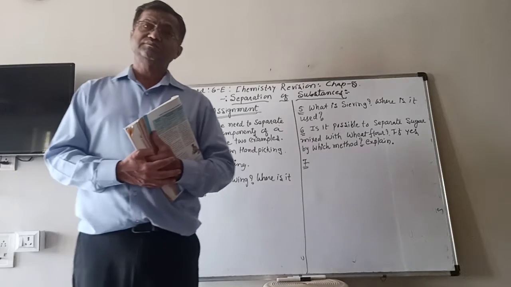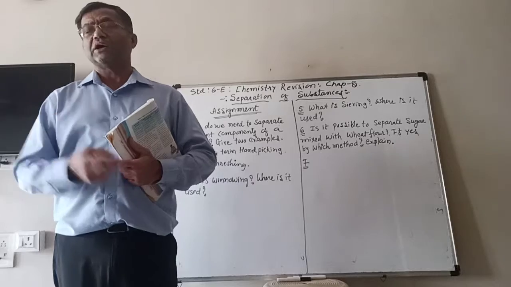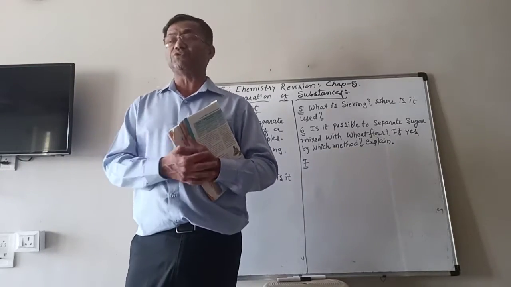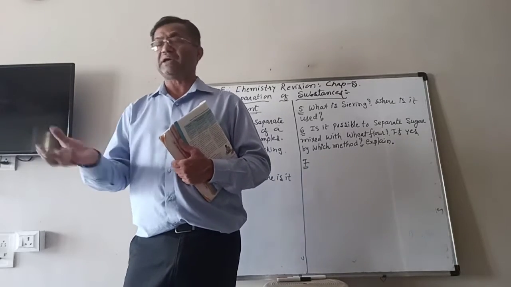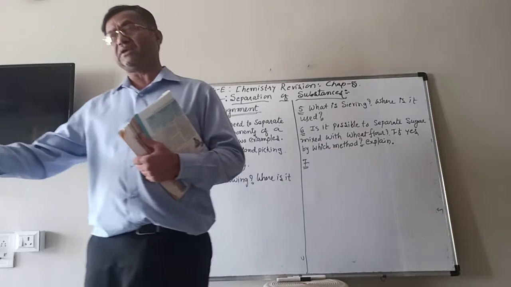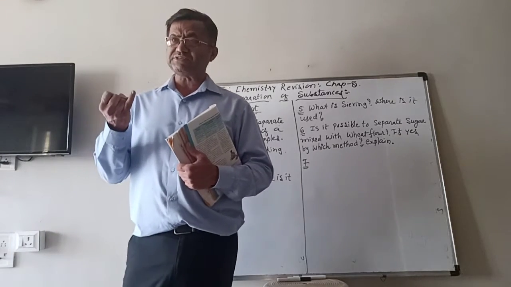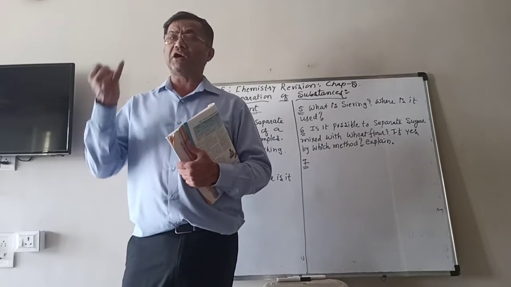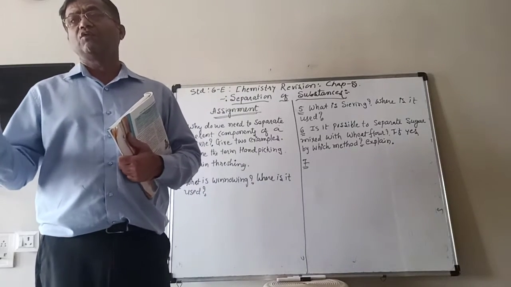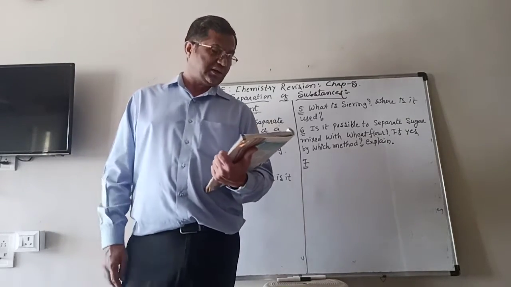For example, when you churn the curd, you get two things which are both useful, that is the butter and the buttermilk. You use buttermilk in some other way, and you use butter to make ghee. So sometimes we separate to remove harmful or not useful substances, and sometimes we want to separate both useful components.